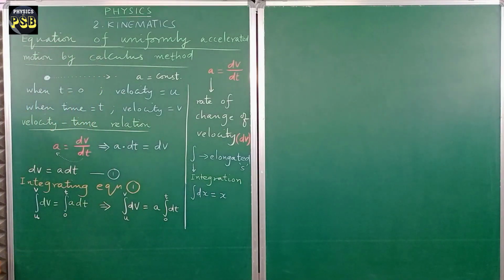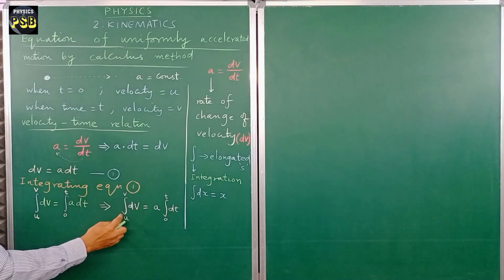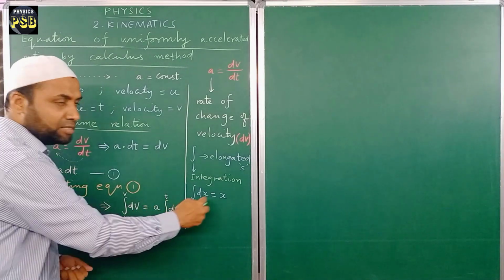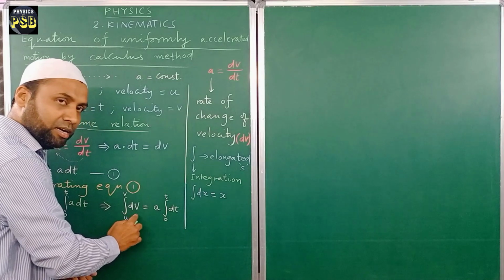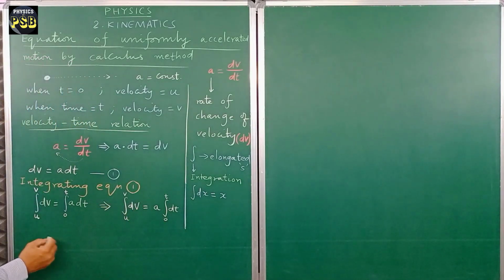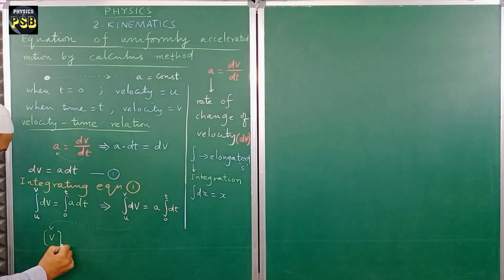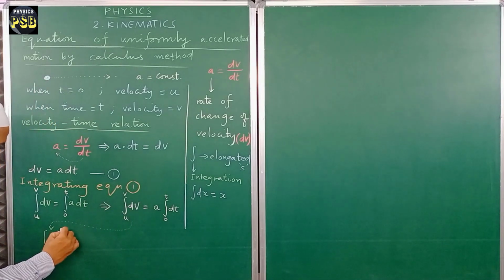Let's see. Let me integrate this one. Now I integrate dv. If I integrate dx, I get x. In a similar way, if I integrate dv, I get v. I write it within brackets. Now outside the bracket, I write the limits, lower limit u, upper limit v.